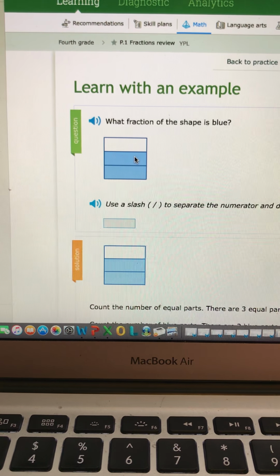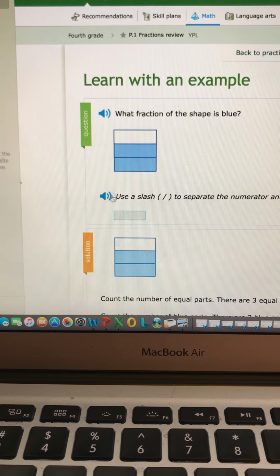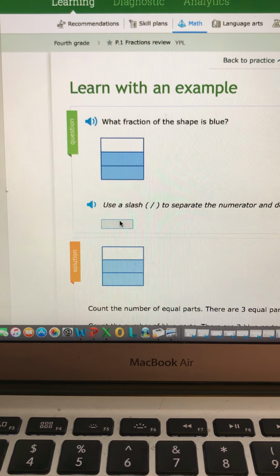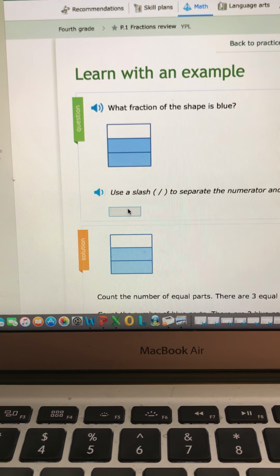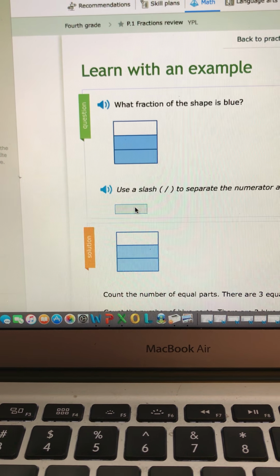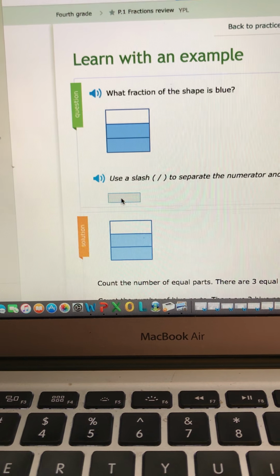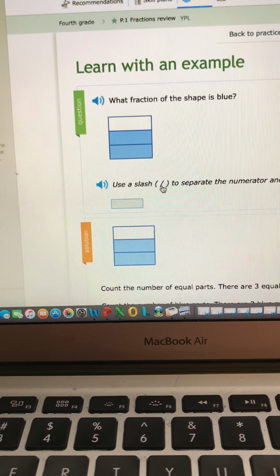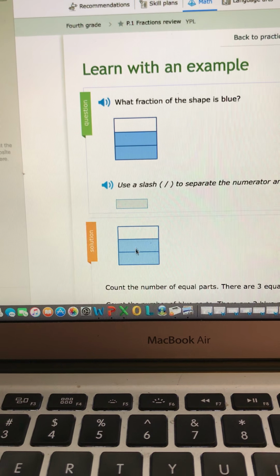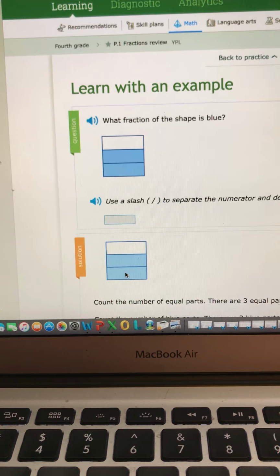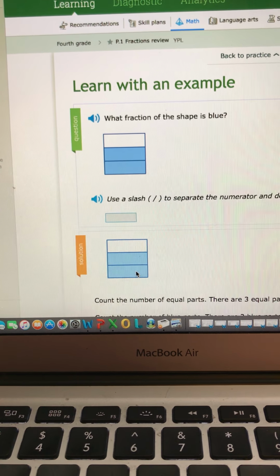So we see that 2 out of 3 are blue. Let's see, it may not let me put anything in. If it would let me put something in, I would put a 2 as my numerator, and then a slash mark, and then I would put 3 because it's divided into 3 parts. The denominator is the number of parts the whole has been divided into.